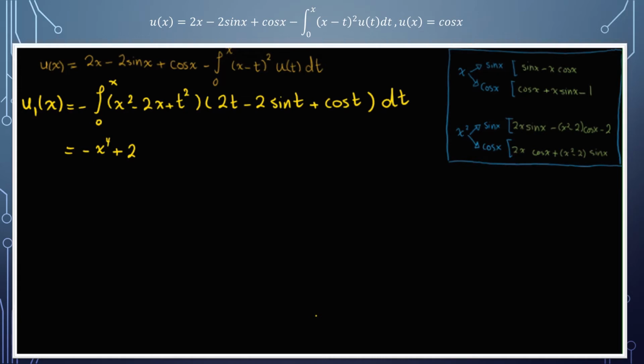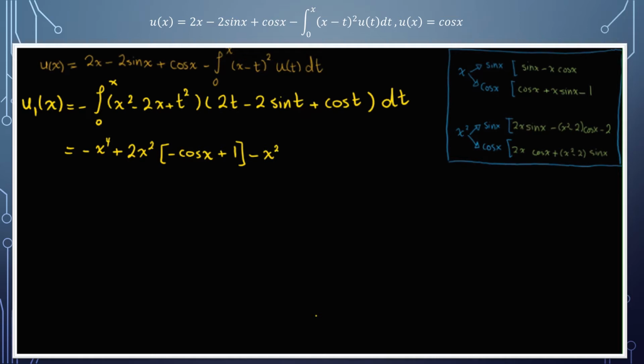There is 2, and we have here sine, so x squared will not be affected. The integration of sine t is minus cosine t, and it's from 0 to x, so we will have minus cosine x minus, so it's going to be plus cosine 0, which is 1, and then we have minus and positive here, so it will be minus x squared.